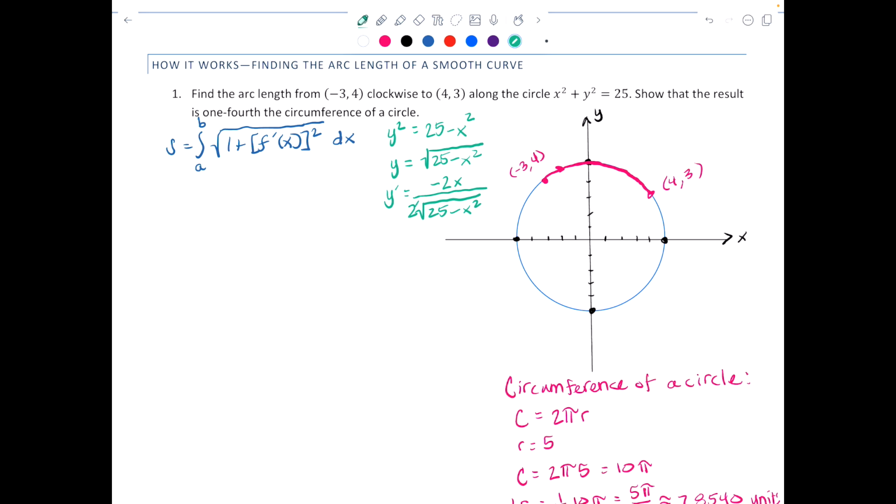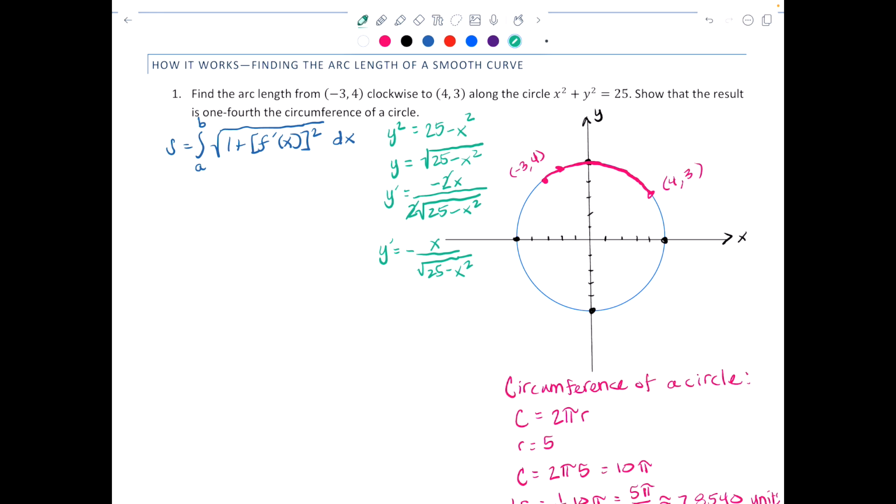That's how it dropped to the bottom. Dividing out those 2's, y prime is equal to negative x over the square root of 25 minus x squared.